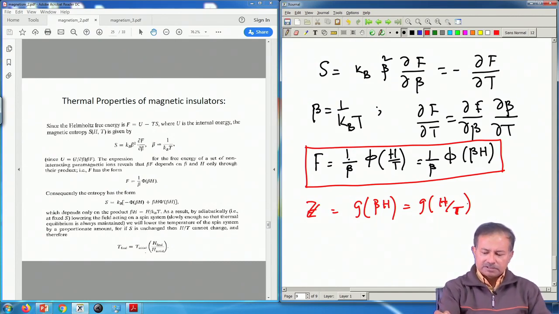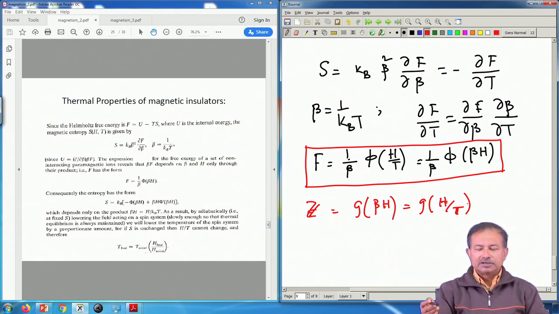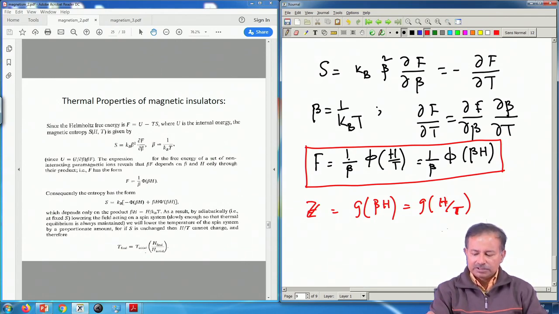So, entropy, as I will show, is a quantity which can be kept constant in an adiabatic transformation, and therefore one can use the fact that this quantity is a function of only h by t, the ratio, not individually h, not individually t. It is the ratio that always appears, that can therefore be used in an adiabatic process.